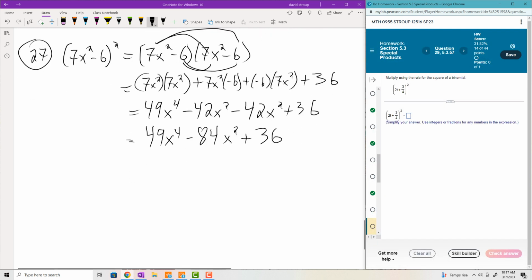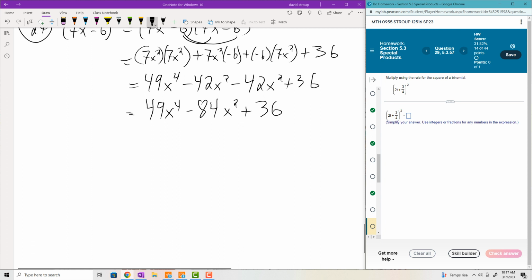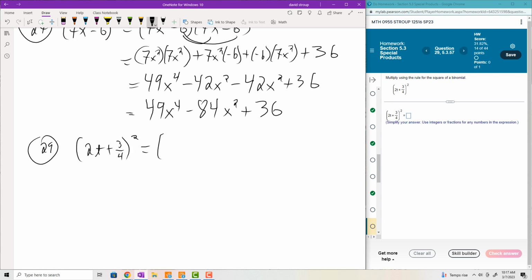Oh, fraction. So let's try 29. 2t plus 3/4 squared. So I have to FOIL. It's 2t plus 3/4 times 2t plus 3/4. Okay, so first 2t times 2t.